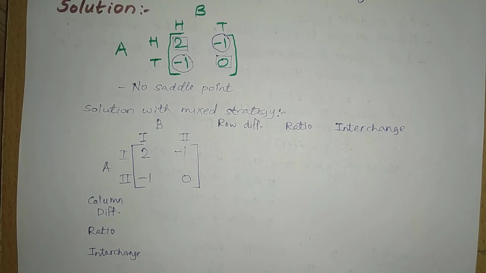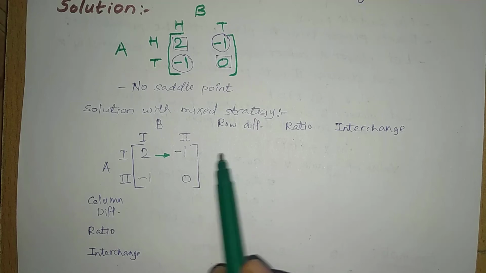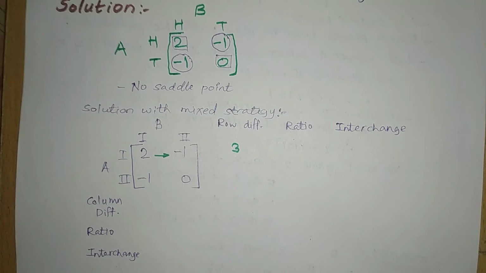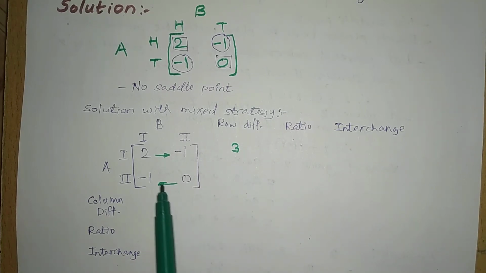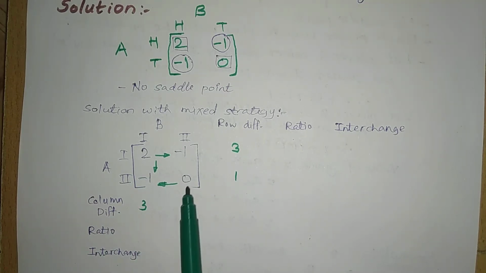Let us take the difference row-wise: 2 minus (-1) gives a difference of 3, and 0 minus (-1) gives a difference of 1. Now the column differences: 2 minus (-1) is 3, and 0 minus (-1) is 1.